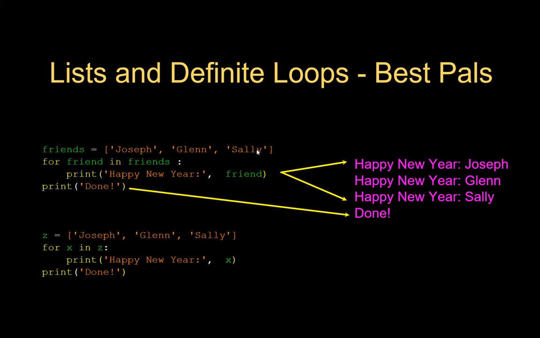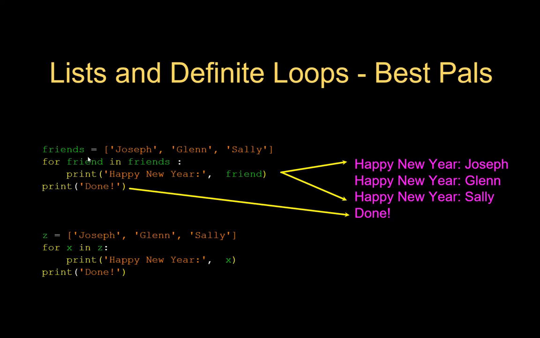Basically, we can of course use Z and X here. So the idea is Python doesn't differentiate between Z and X here and friends and friend here, but for our ease of use, it's better for us to use names that we can relate to, and it's going to be easier for us also to troubleshoot if the times come.